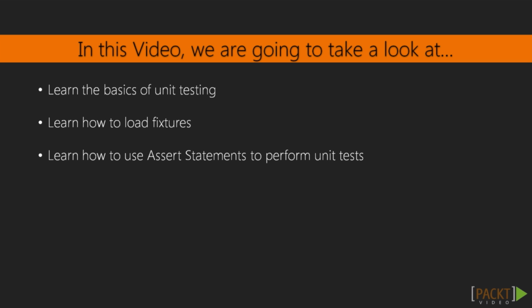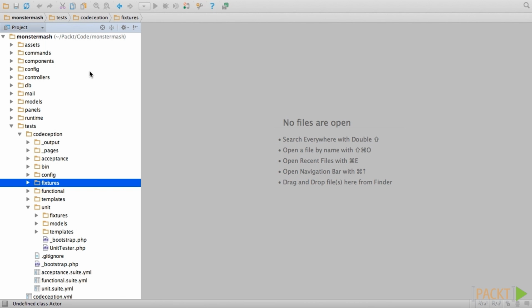This is because you are only interested in testing methods that other classes will be able to access. It is also worth noting that you typically don't test any public methods that either belong to framework-based classes or are generated by Yii, because it is assumed that those methods have already been covered by the framework's own unit tests. Let's go ahead and create our first unit test.